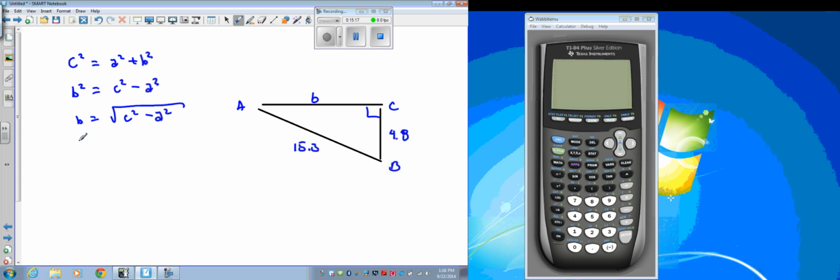So then I'll just substitute in. B is going to equal the square root of c squared, which is 15.3, that quantity squared, minus 4.8, the quantity squared. Now that's going to be as accurate as we can get because we're using given values.